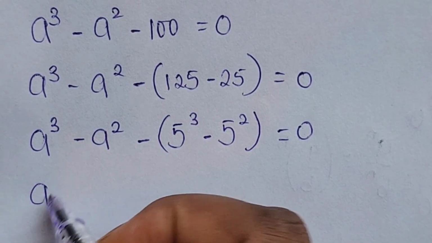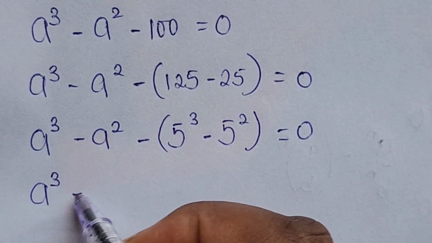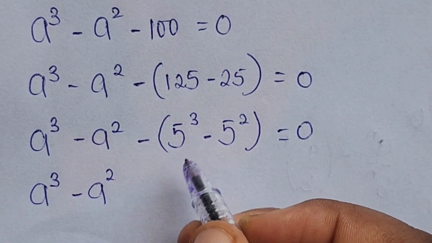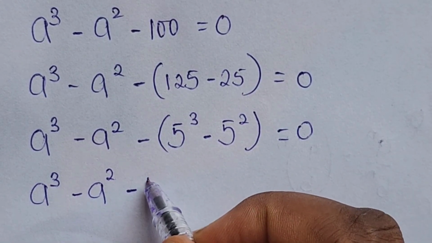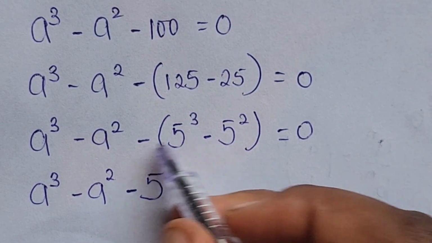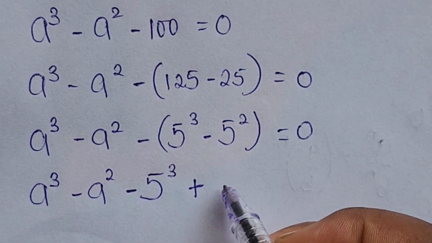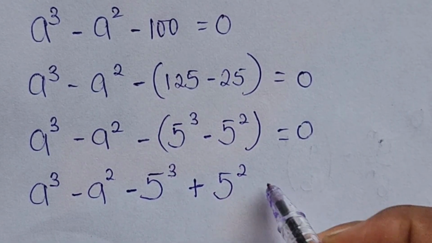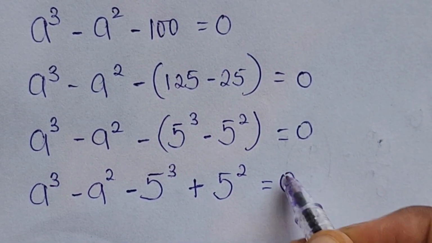So let's open up the bracket to have a cubed minus a squared. Opening this bracket, multiplying by the minus sign, we have minus 5 to the power of 3. So this times this will have positive 5 to the power of 2, and is equal to 0.